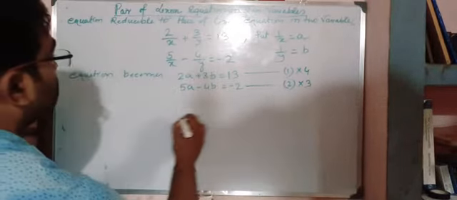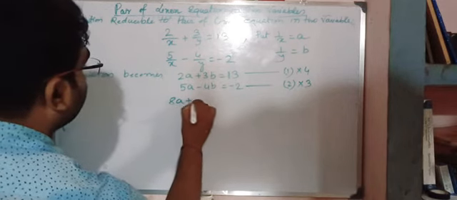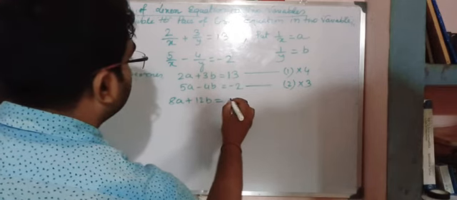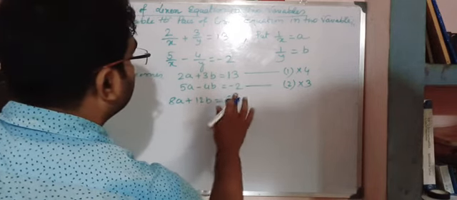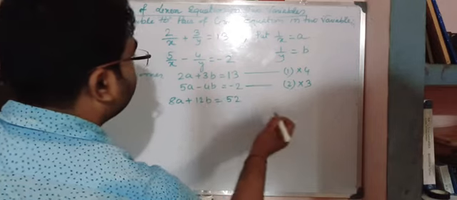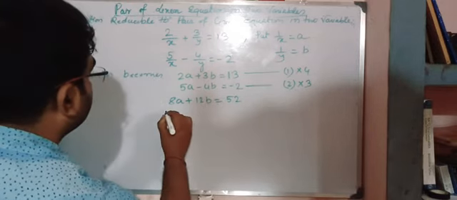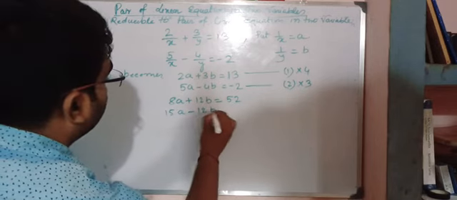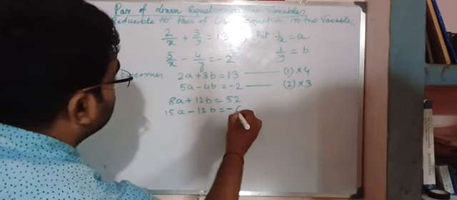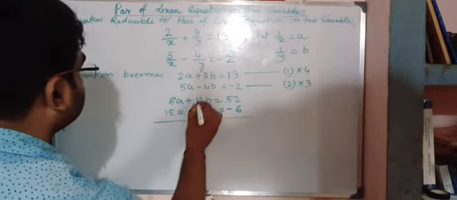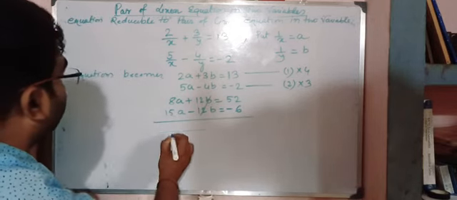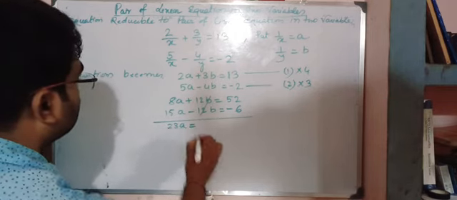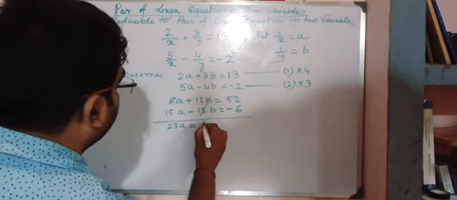We get 8a plus 12b is equal to 52 and 15a minus 12b is equal to minus 6. Adding, we get 23a is equal to 46.